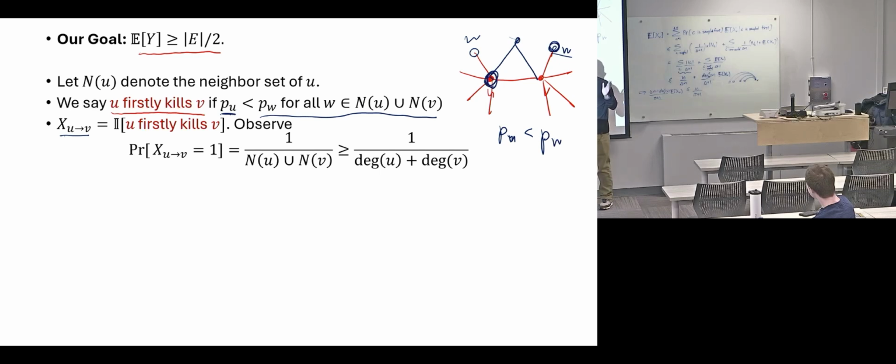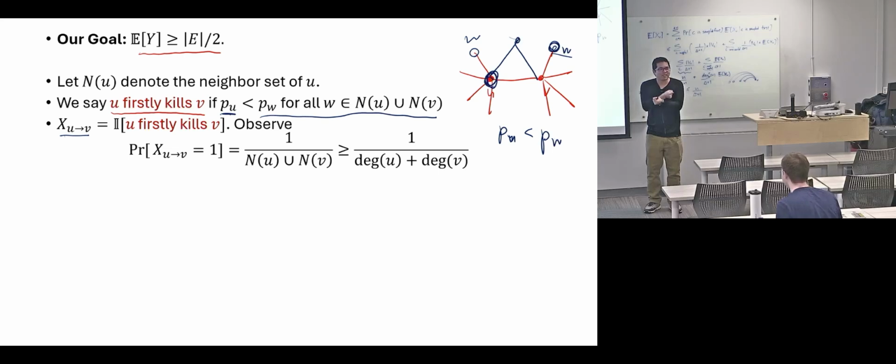But we have a random ordering, so the ordering of the union of the neighbors of u and the neighbors of v is uniform.